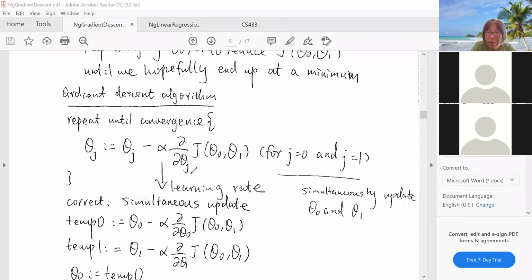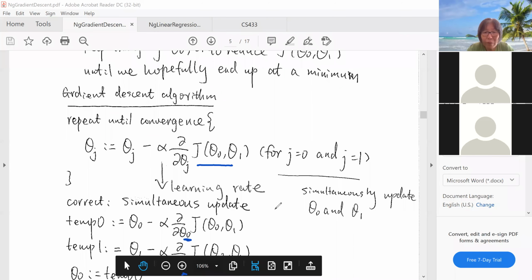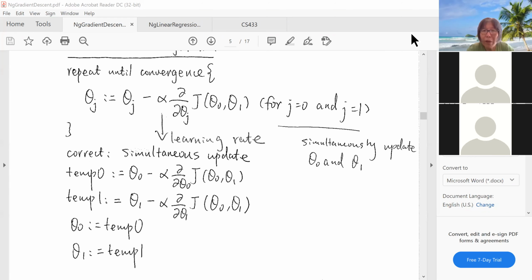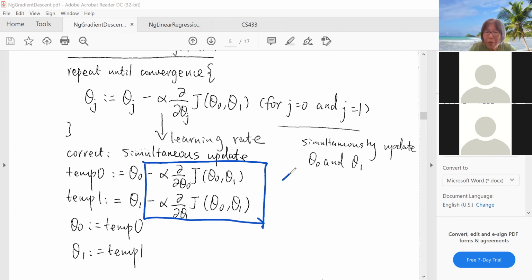So we take a derivative of the cost function, regarding the respective weight. So this part basically represents delta W0 and delta W1, the update parts of your weight.